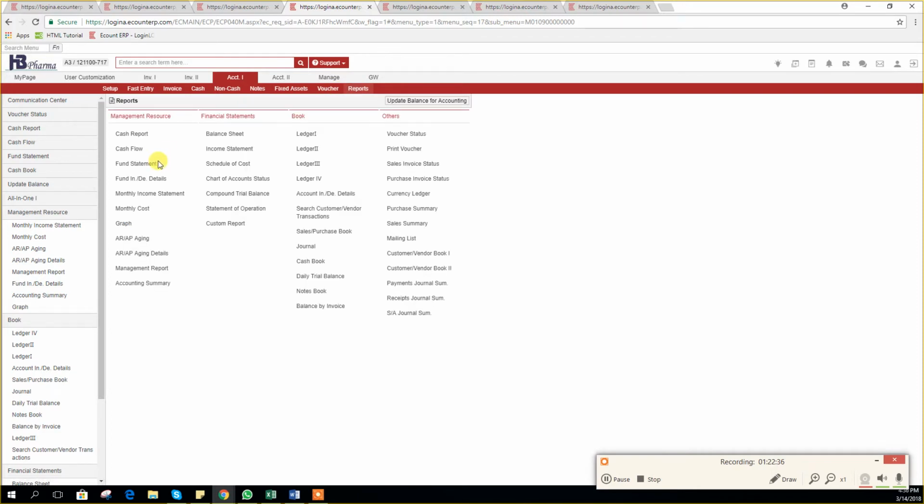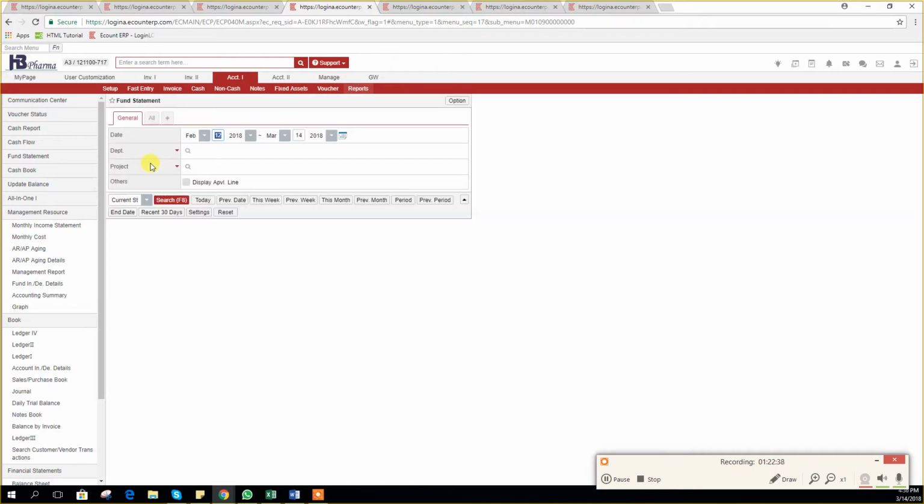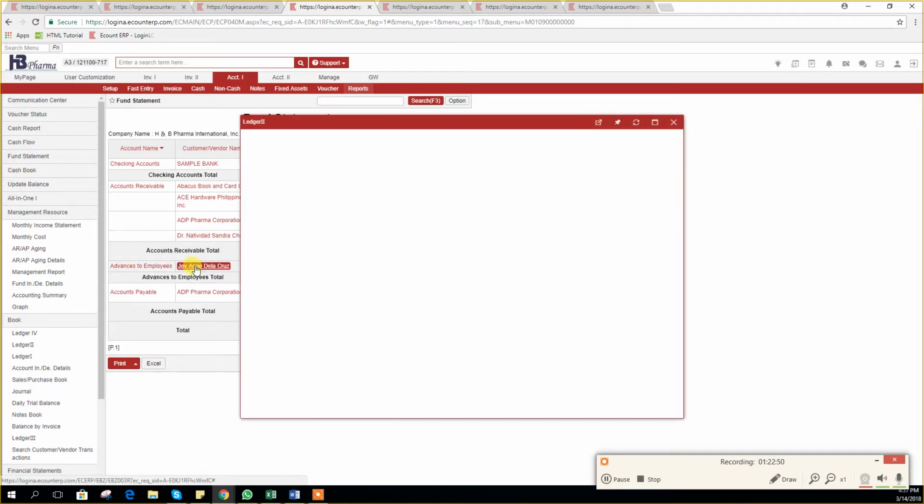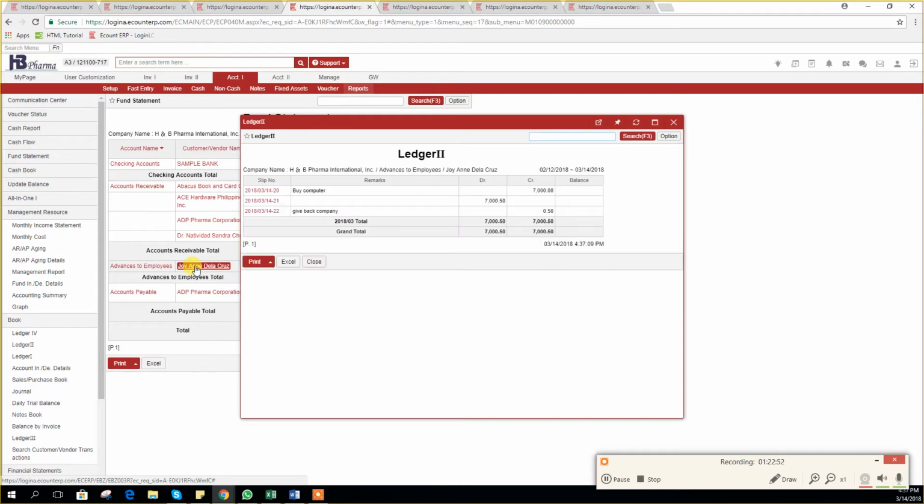And now if I go back to the fund statement, it will be 0. So now Joy does not owe anything because she bought a computer for 7,000, then received 7,050, and then now paid back 50 cents. So the balance is 0.